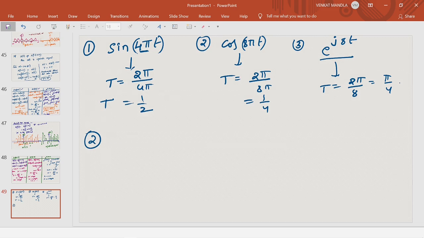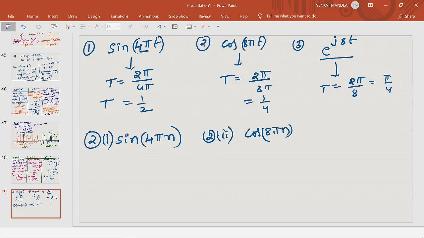Second case, second example. Sine 4 pi n, I will take this as example 1. Example 2, cos 8 pi n. I'm giving the same values here, 8 pi and 4 pi, because I want to show you some difference here.